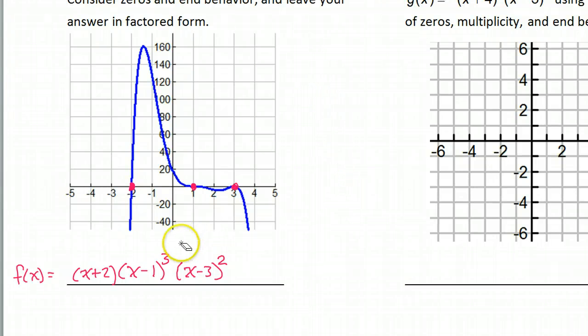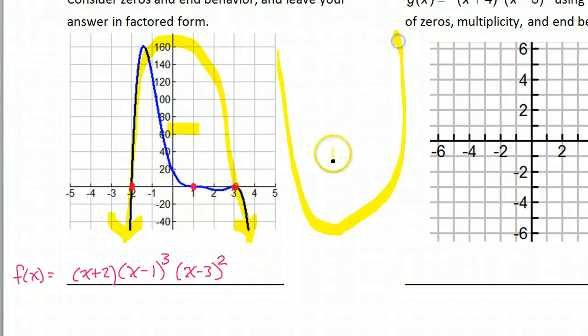But the other thing you have to watch out for is the leading coefficient. See how both arms of this graph are pointing downward? Just like if we were talking about a parabola with the same end behavior, both arms pointing downward, this would clearly be the negative version of a parabola because it's upside down.